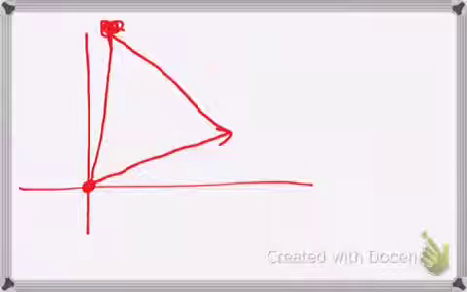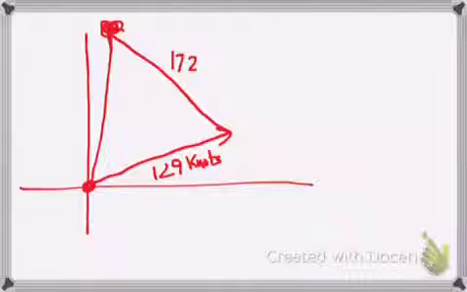Now, there's another approach to this, a completely different approach, where you just say this is 3 hours at 43 knots. Excuse me, 3 hours at 43 knots is 129 nautical miles. And this one was 172 nautical miles.